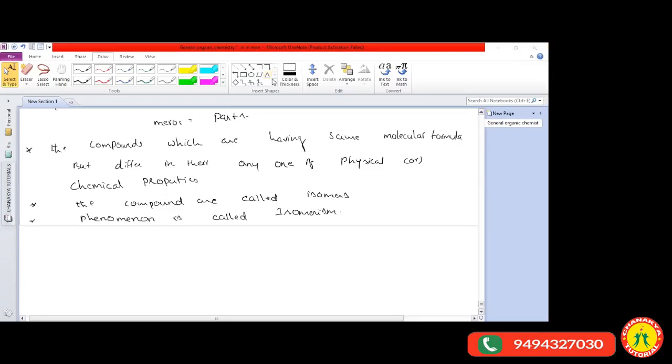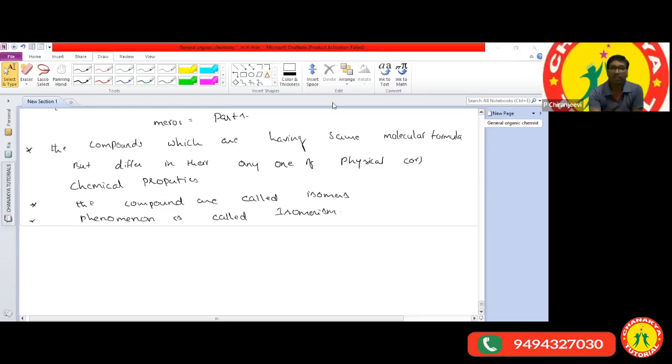Color and smell. The properties which we can see and measure are called physical properties. Examples are boiling point, melting point, density and so on. All these we can consider as physical properties.